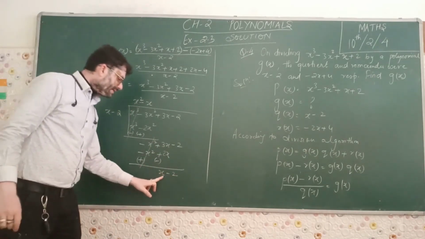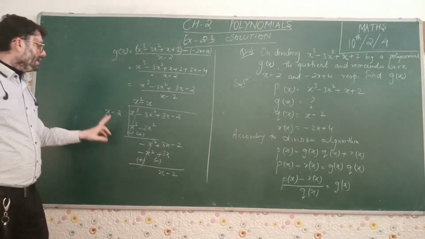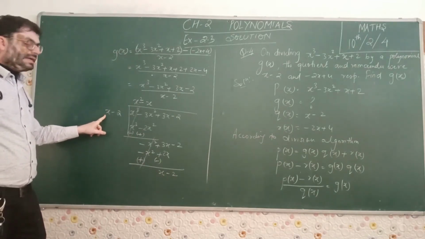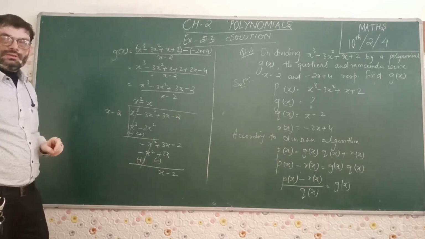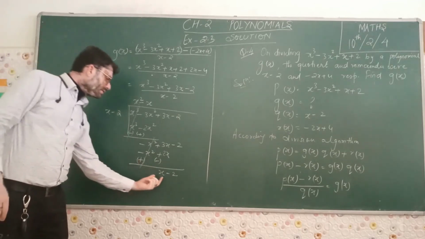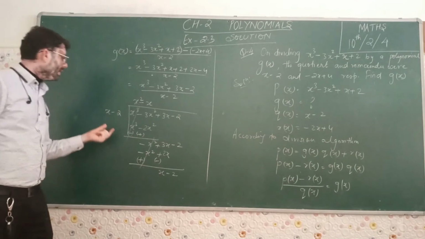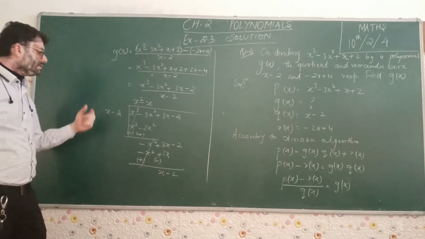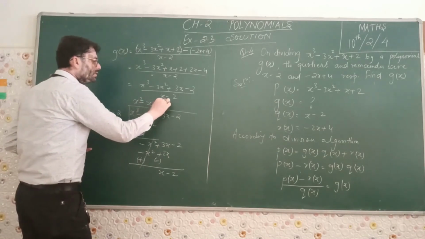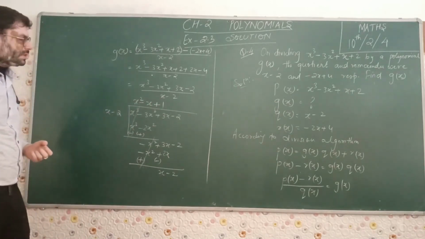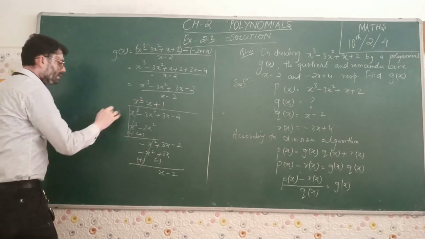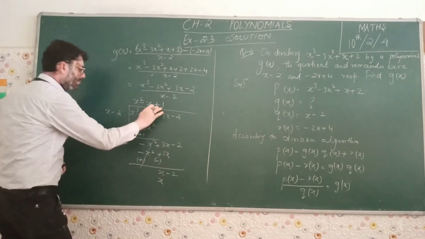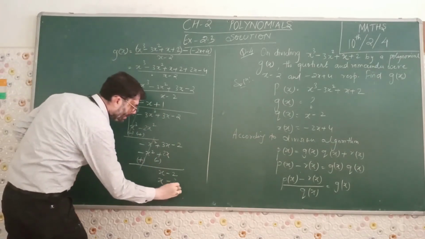Now the degree of x is 1 in the remainder, and the degree of x is 1 in the divisor. So once again the division will continue. So the first term, that is x, will be divided by the first term of the divisor, that is x. So x divided by x is 1, that is plus 1. So your next term for the quotient would be plus 1. So plus 1 into x is x, and plus 1 into minus 2 is minus 2.